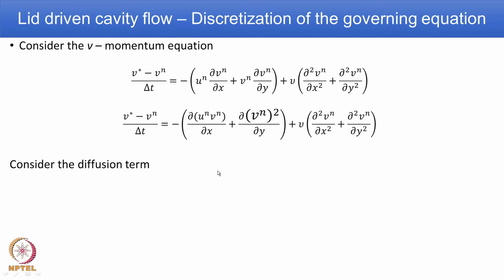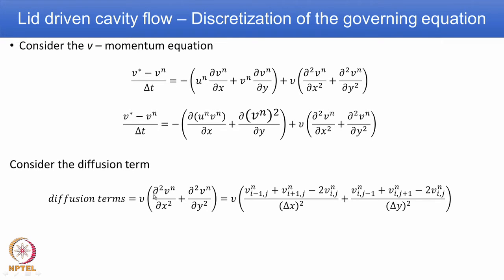Consider the diffusion term first. So, the diffusion term, that is nu times dou squared by dou x squared of v n plus dou squared by dou y squared of v at nth level, and we are using the second order central differencing scheme. The first term is for the x direction. So, we have v at I minus 1 comma j, I plus 1 comma j minus 2 times v at I comma j evaluated at nth level divided by delta x squared.